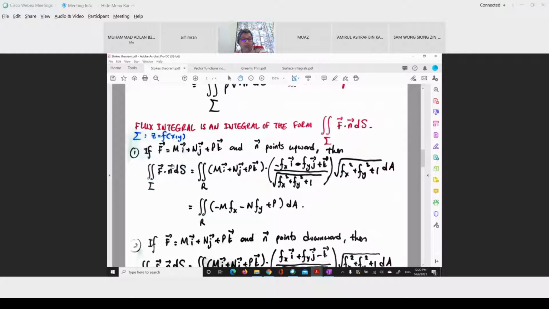Then we replace capital F, the vector field F, by its components in the flux integral. And remember the normal vector that points upward has this form. I showed you already, isn't it?